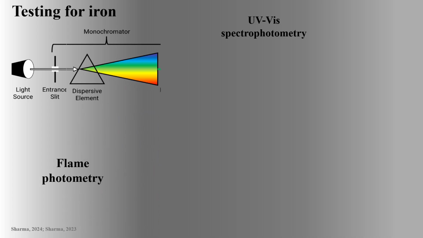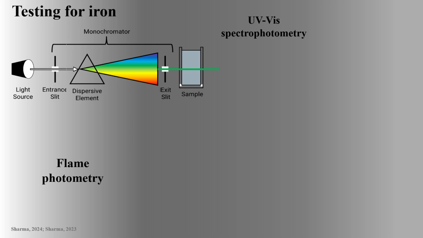It will go into a dispersive element, and this dispersive element is usually a prism. And prisms can come in varying shapes and different sizes as well. And as you can tell, it breaks down the color of the light. The next is we have an exit slit. In this exit slit, it is set up where it only allows the wavelength for the iron to come through. And all of this is a monochromator.